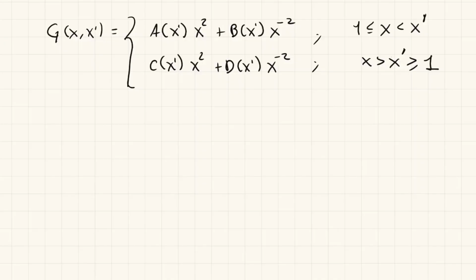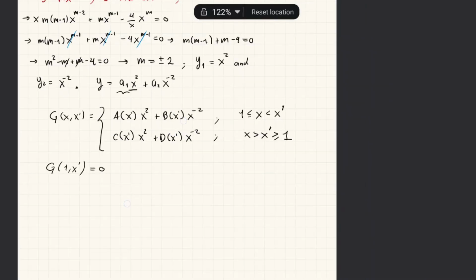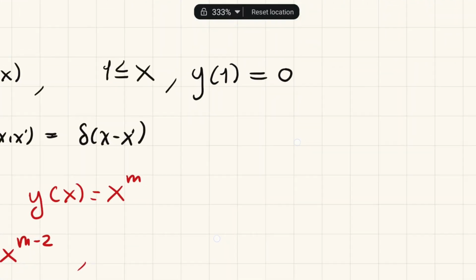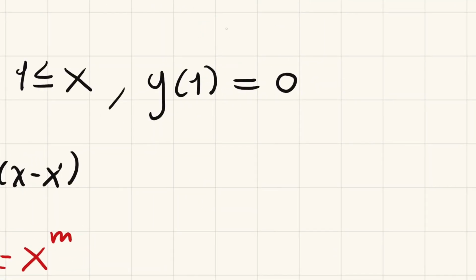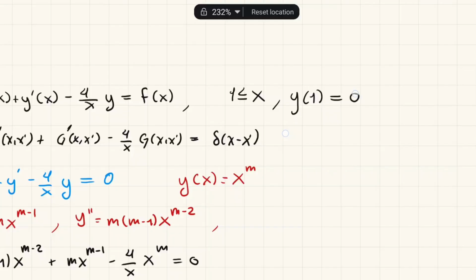So we are going to make use of the first boundary condition, that tells us that the Green function evaluated at x equals 1 is equal to 0. Recall that this comes from the condition that y evaluated at x equals 1 is equal to 0.